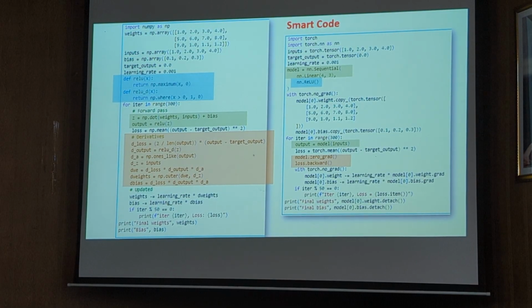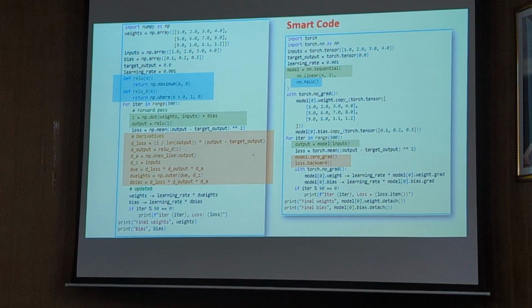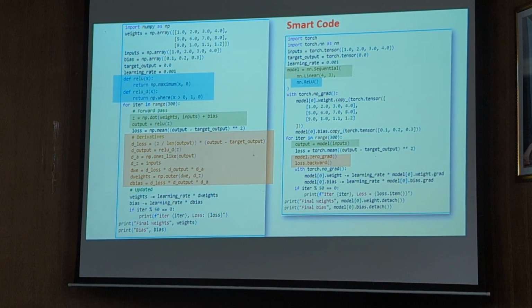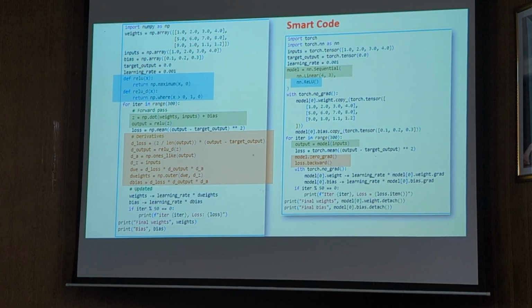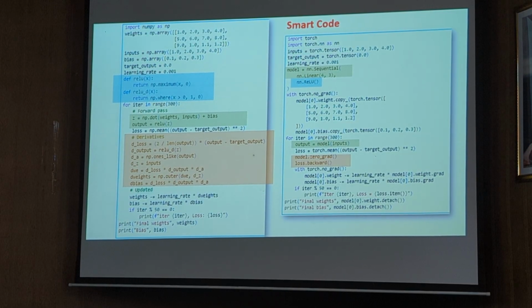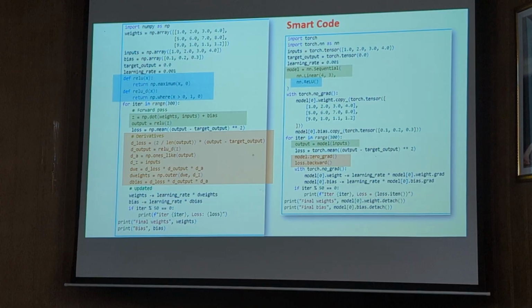Every complete forward pass is controlled by the model and nn sequential, and complete back propagation is controlled by one command, that is loss dot backward. Automatically all derivatives are calculated, initialized, whatever is stored. We don't need to store them, it happens automatically inside.